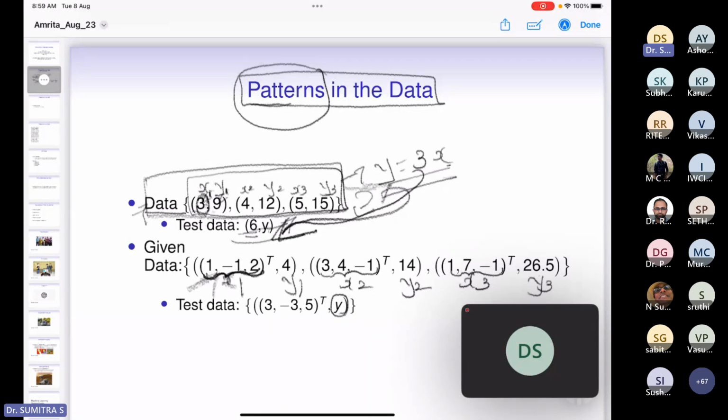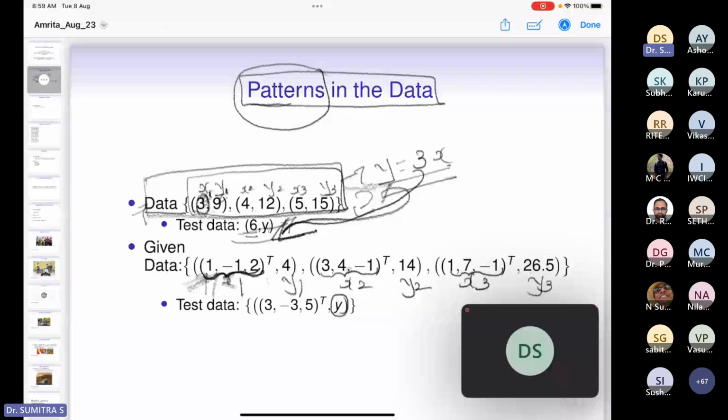Although there are only three data points, the structure of the data has become more complicated.